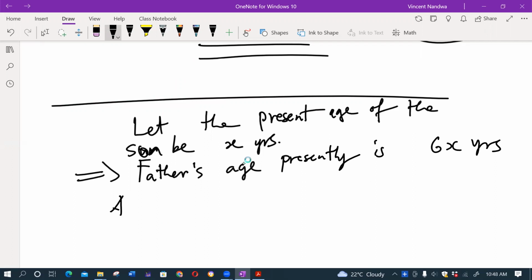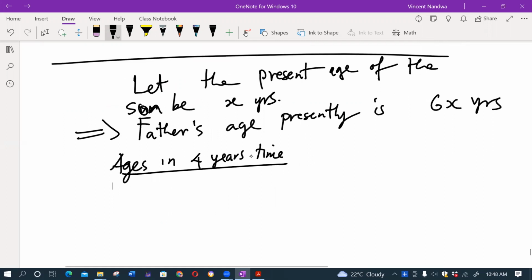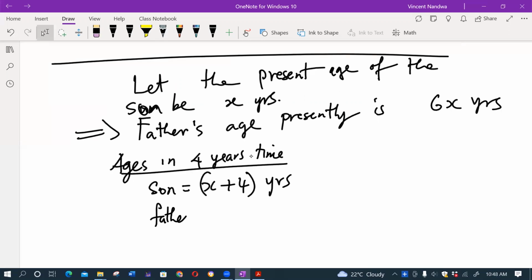So let's get ages in 4 years' time. So after 4 years from now, the son will have added 4 years. Similarly, the father will have added 4 years.